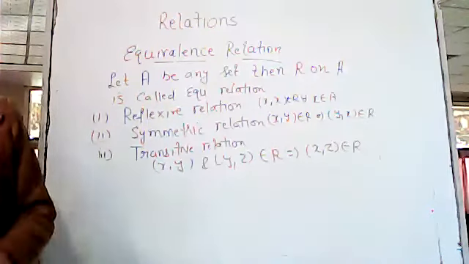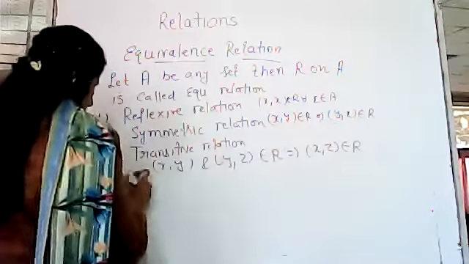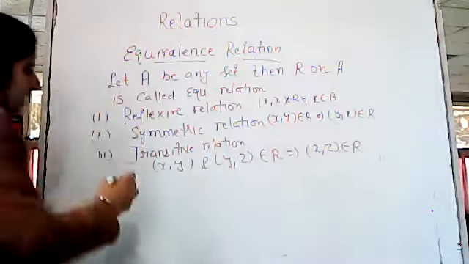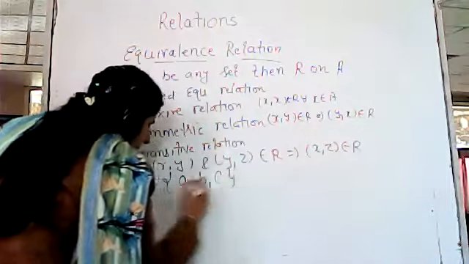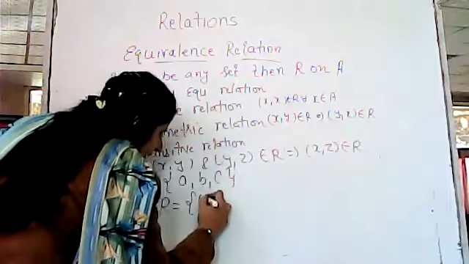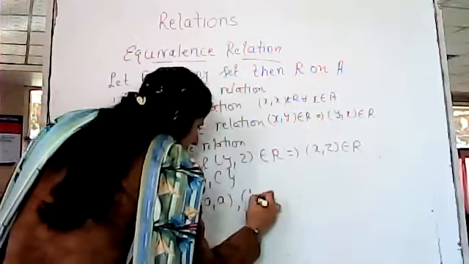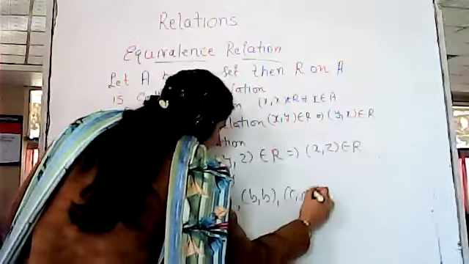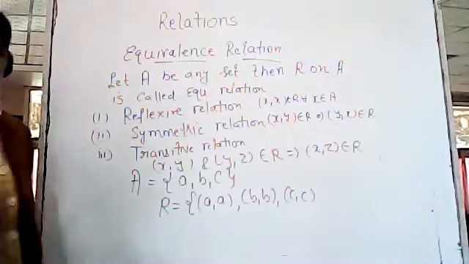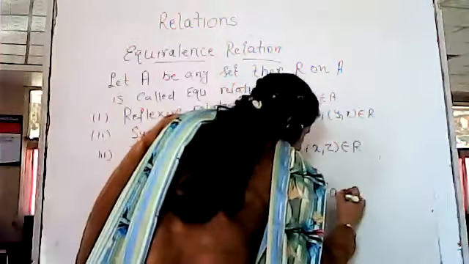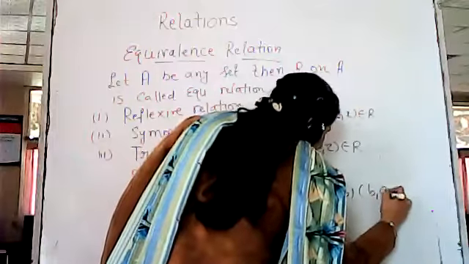For example, I have taken this example. A is a set which consists of three elements, that is a, b and c. And I have defined this relation R: (a, a), (b, b), (c, c), (a, b) and (b, a).